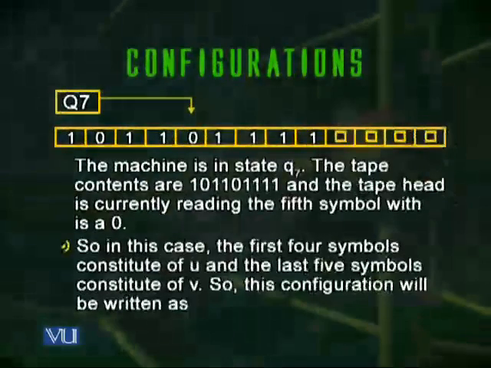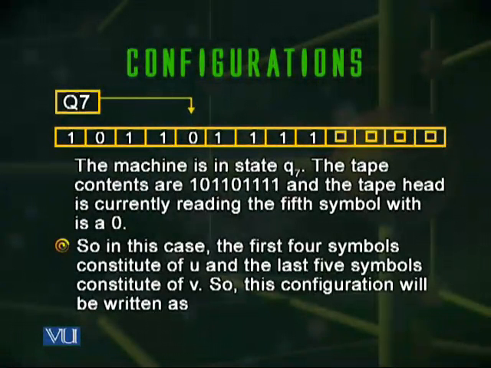Let us see what the configuration in our notation will be for this example. In this example, the first 4 symbols constitute U, and the last 5 symbols constitute V. The state is Q7. So this configuration will be written as 1011 Q7 0 1111.